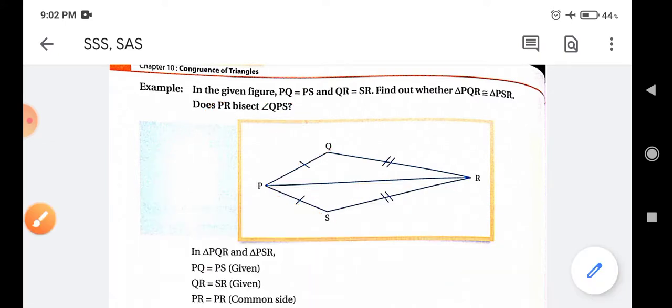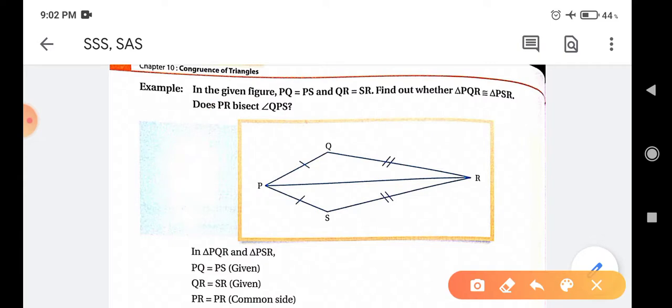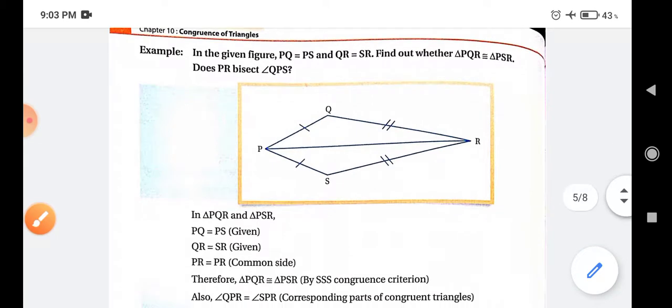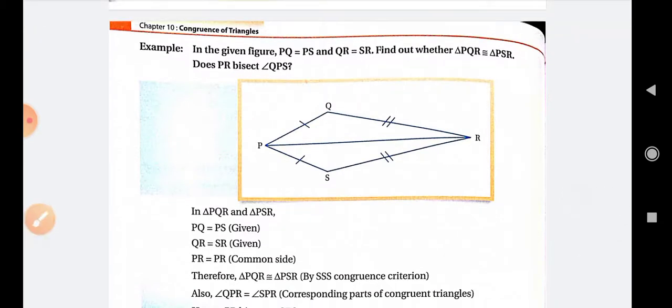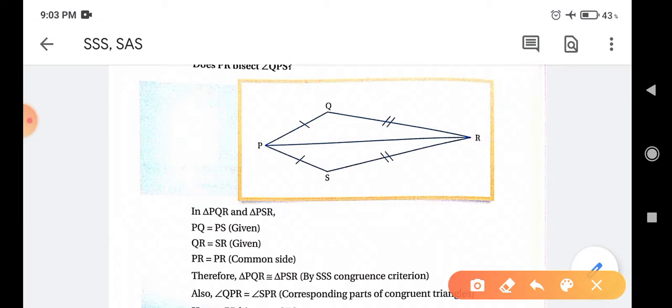To find this, firstly we will prove whether these triangles are congruent or not. Then we can prove that PR bisects angle QPS. So we take these two triangles, triangle PQR and triangle PSR.